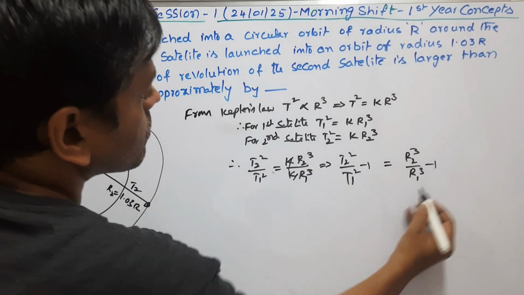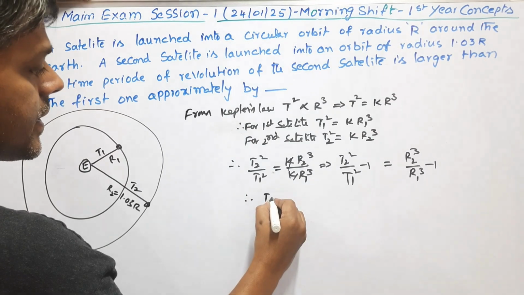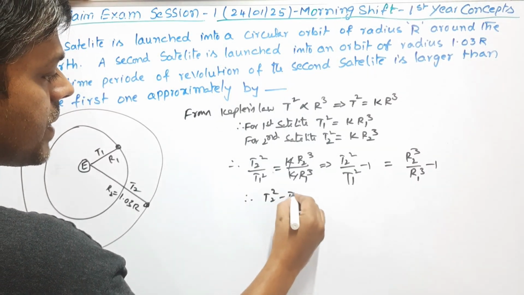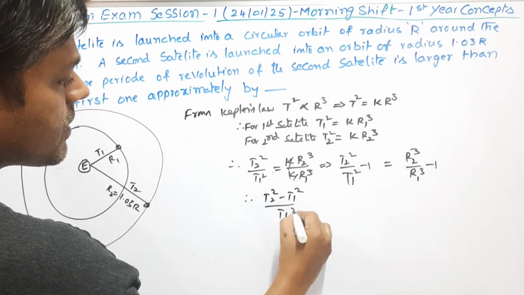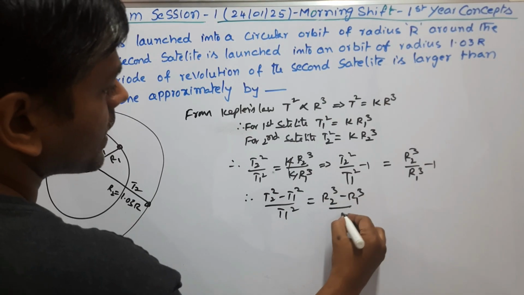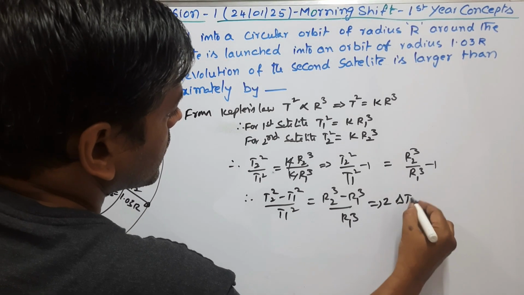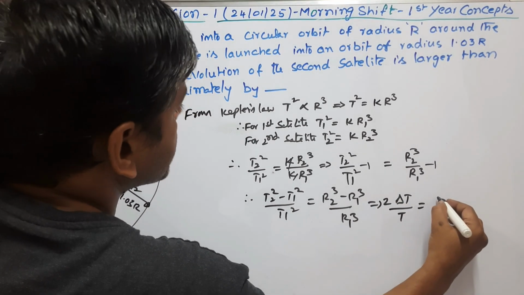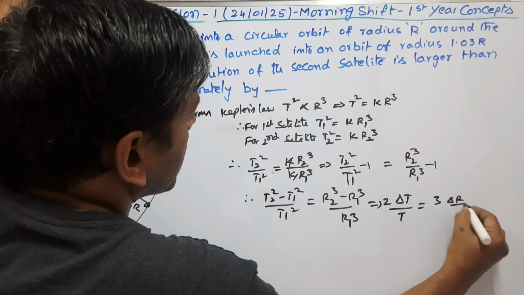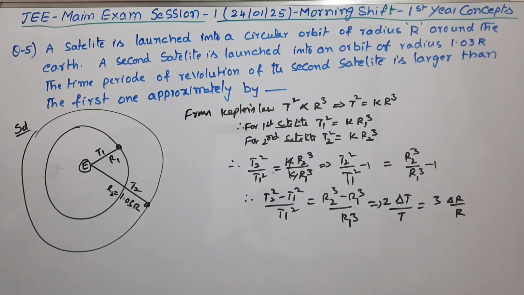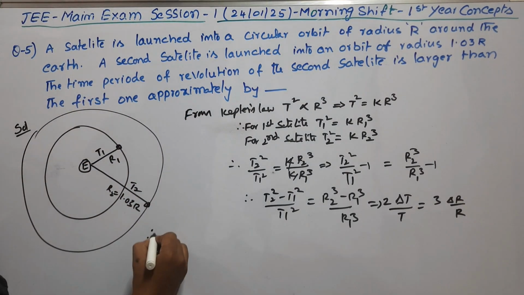Subtract 1 on both sides, then you get T2 square minus T1 square by T1 square is equal to R2 cube minus R1 cube by R1 cube. It may be written like this: 2 into delta T by T is equal to 3 into delta R by R, isn't it?